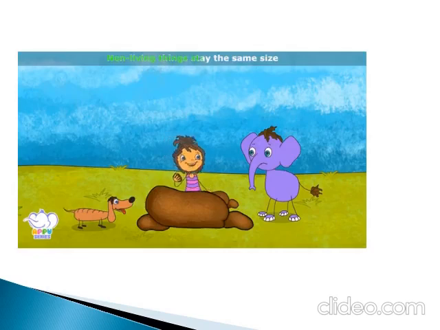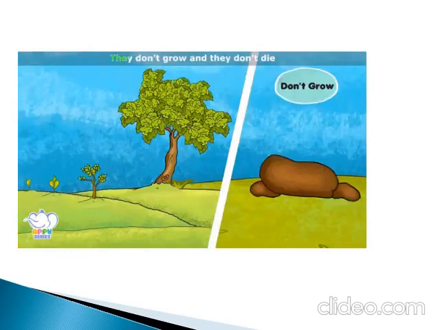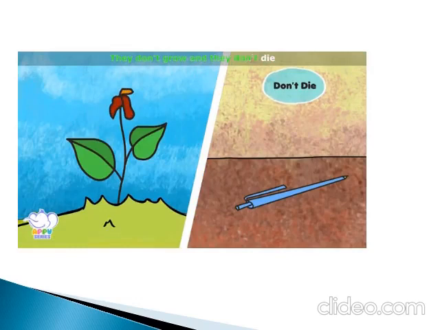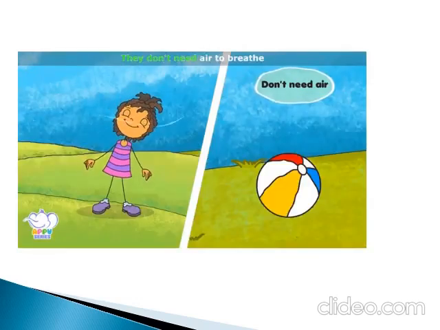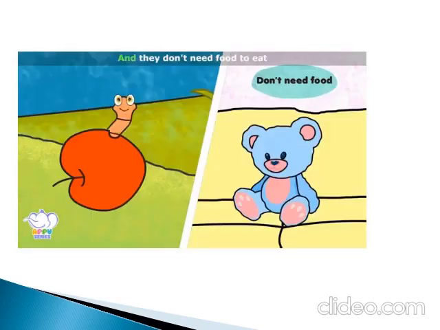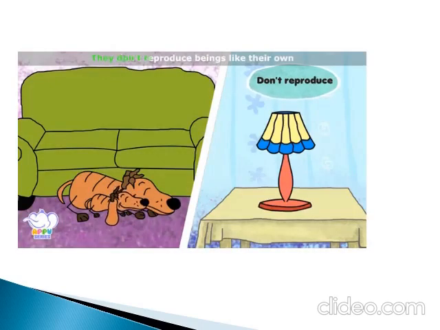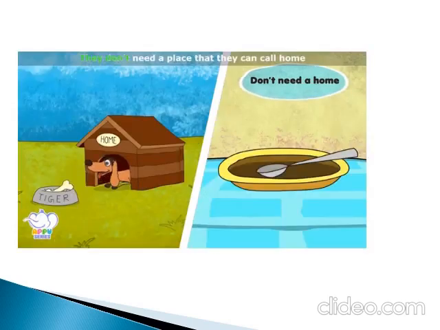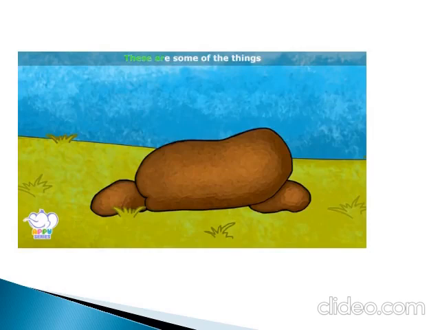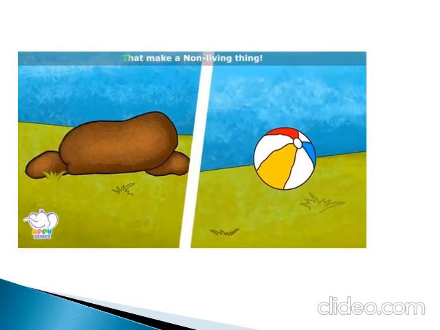Non-living things stay the same size. They don't grow and they don't die. They don't need air to breathe, and they don't need food to eat. They don't reproduce. Beings like their own, they don't need a place that they can call home. These are some of the things that make a non-living thing.